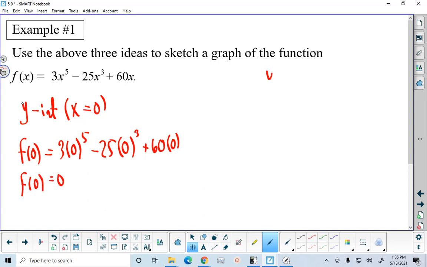And I'm not sure if anybody's ever pointed this out to you or you've given it some thought, but whenever the y-intercept of a graph is 0, there is also an x-intercept of 0.